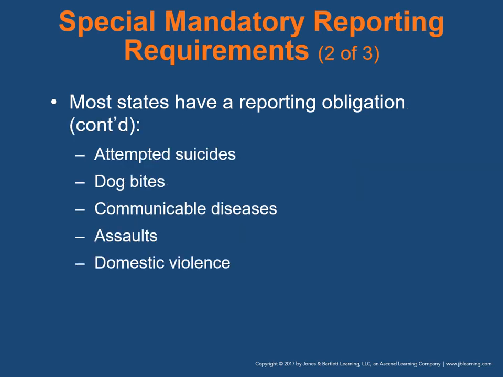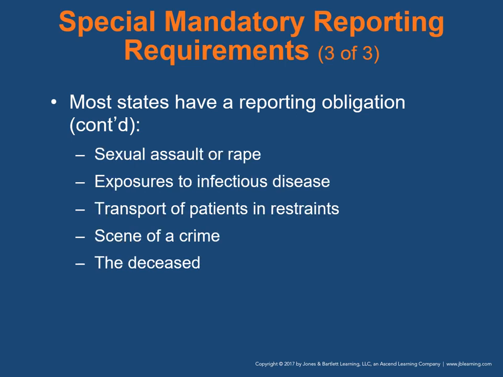Attempted suicides. Dog bites. Communicable diseases. Assaults. Domestic violence. Sexual assault or rape. Exposures to infectious disease. Transport of patients in restraints, scene of a crime, and the deceased. So make sure you know your reporting obligations for your state.